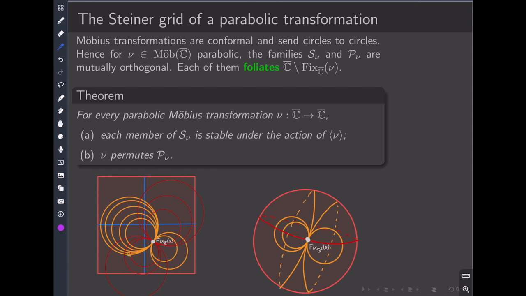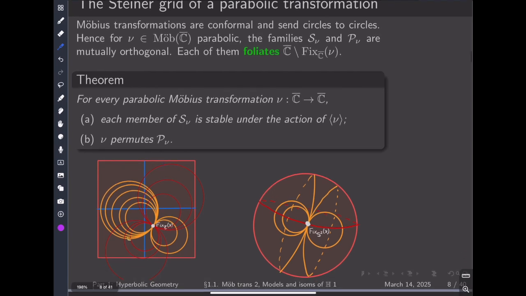The point is that conjugation just transports the behavior to the situation you are interested in, and same thing with the other family. The other family comes from the family of straight lines orthogonal to the vector beta, and this set is permuted by the action of nu, and conjugation simply transports this behavior to the situation we are interested in.